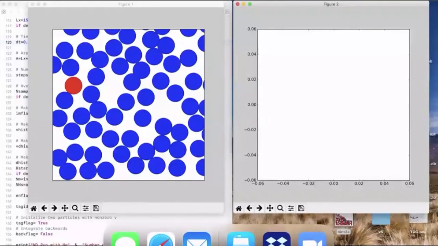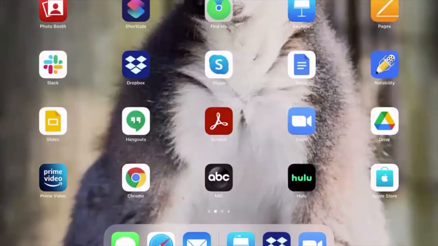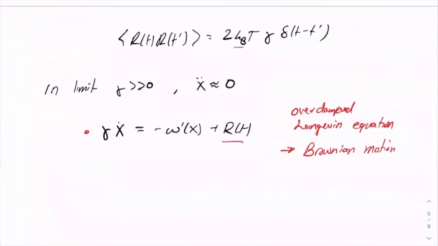Okay. So let's go back here to Notability and continue on. We can now decode the velocity autocorrelation function. You'll model that function within this Langevin framework.